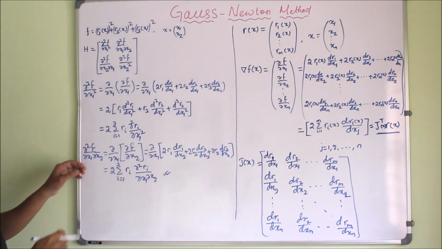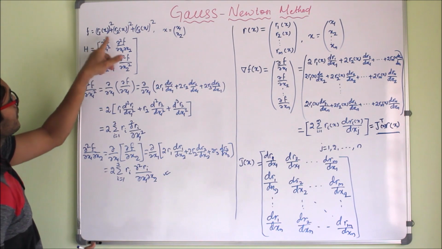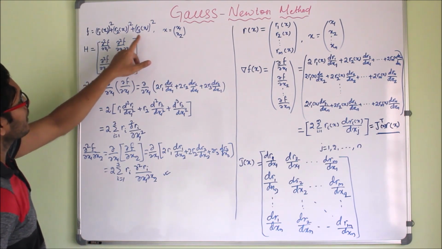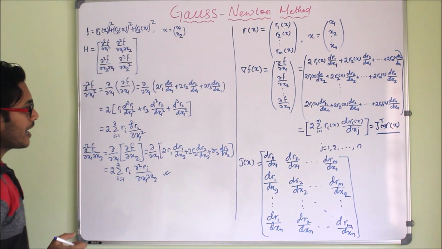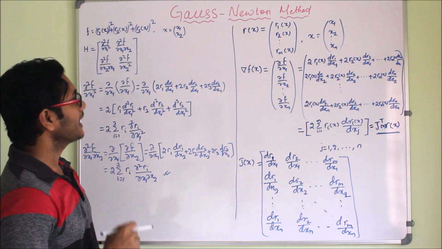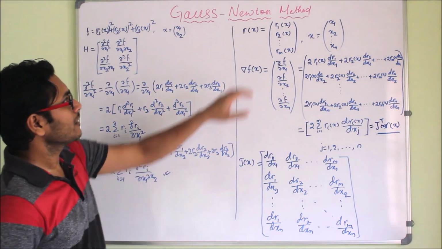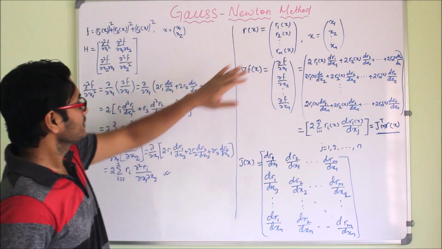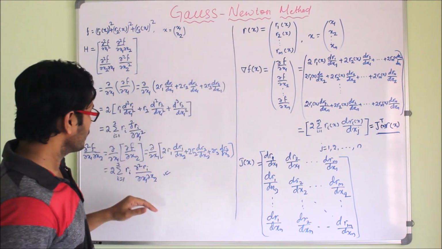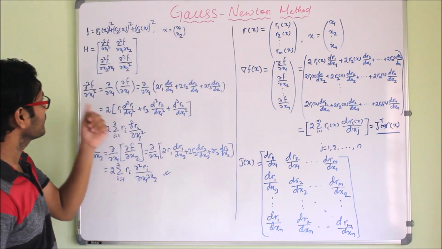Now if we have m R values and n x values, like in this case, in the general case, how to write, how to convert?